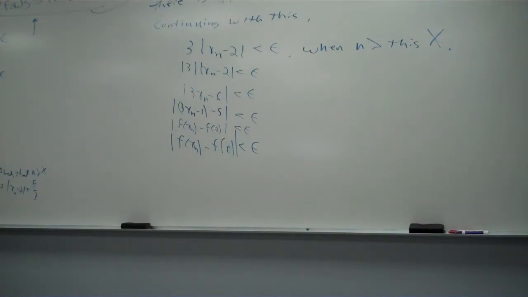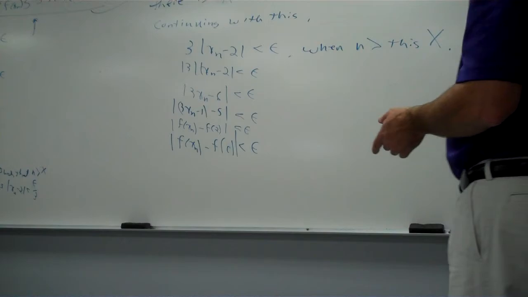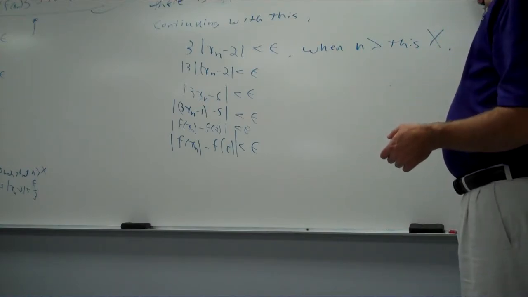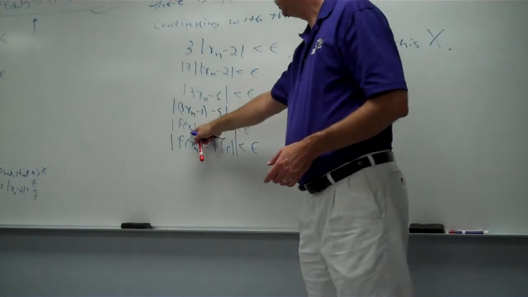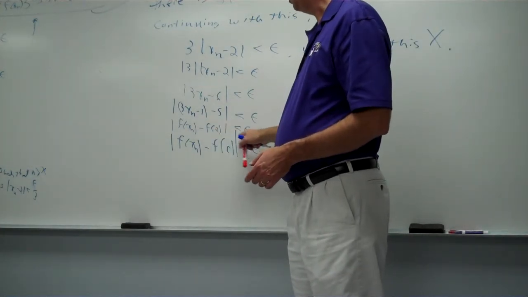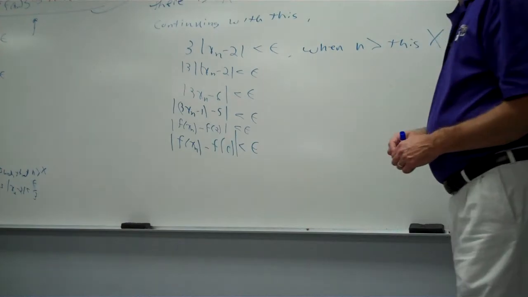Given a sequence of inputs headed to c, can we know for sure that the outputs have to be headed to f of c? And for this particular function, the answer was yes. The inputs headed to 2, and we can make them small enough so that the sequence of outputs really is headed to f of 2.